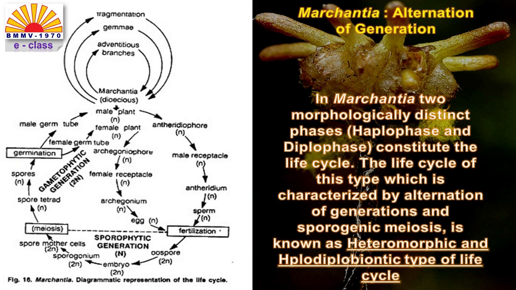Gametophyte and the sporophyte are distinct in their morphology. That is why in Marchantia, two morphologically distinct phases, the haplophase and the diplophase, constitute the life cycle.